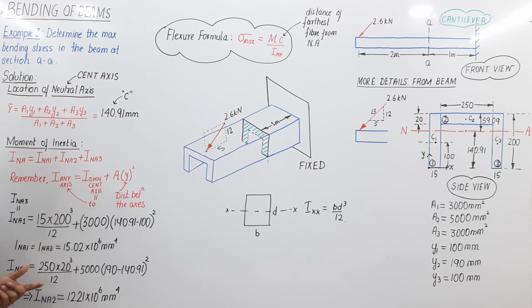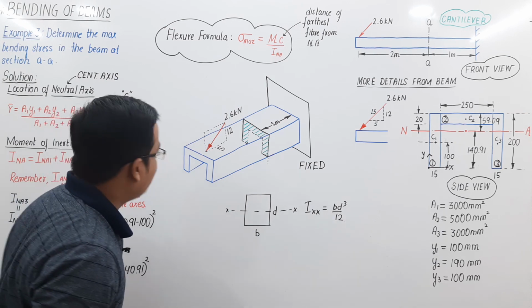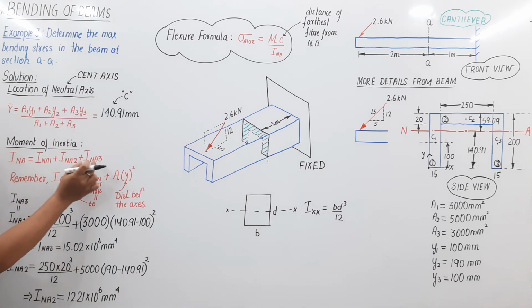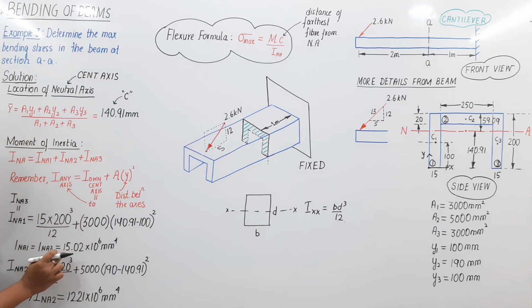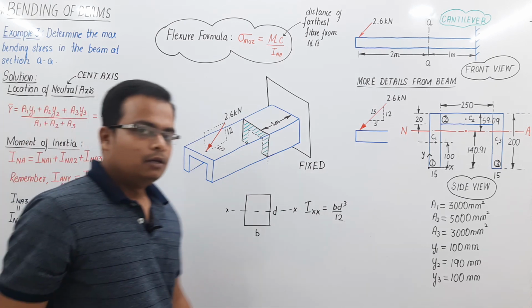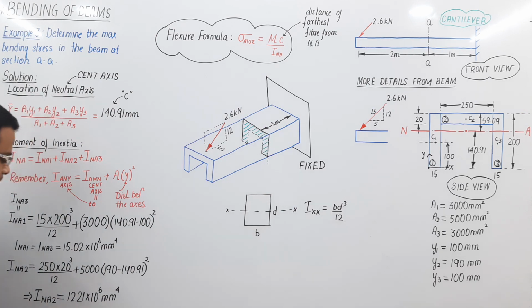So you've got all the values, INA1, INA3, INA2. Plug them in. These two are the same, so it's going to double. 30 plus 12, 42. So the approximate value that you are going to get is 42.